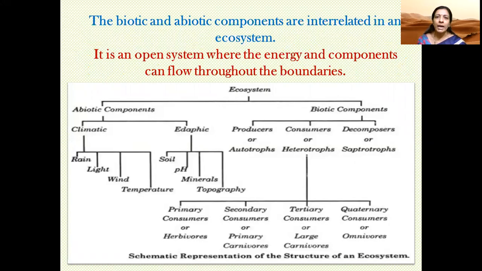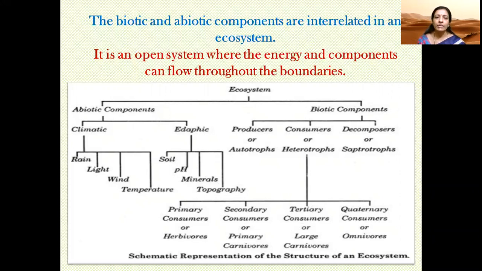So, biotic and abiotic components are interrelated and interdependent. They depend on each other for their survival. It is an open system and energy and the components can flow through the boundaries. That is, there is interchange or exchange which is continuously taking place among the different aspects of the ecosystem.